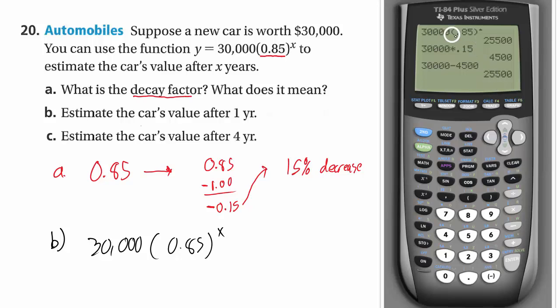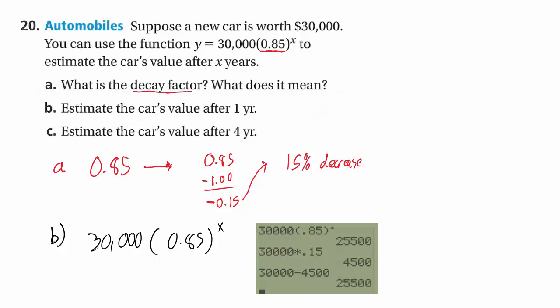So that's my evidence that this is you lose 15% each year, even though it's a decay factor of 0.85. So after 1 year, you're going to have a value of $25,500.